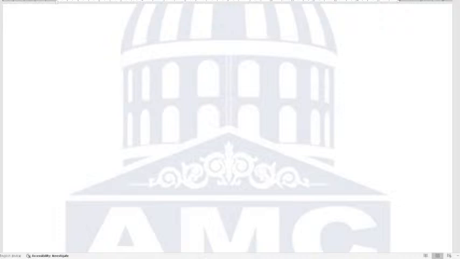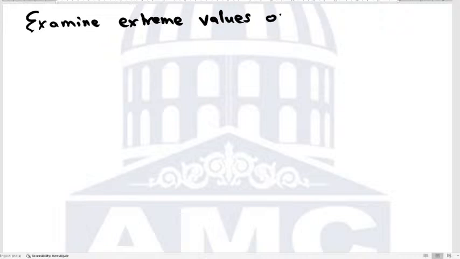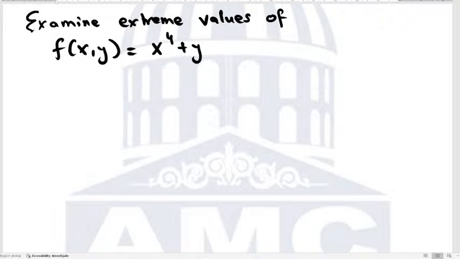Let us examine the maxima and minima, the extreme values of f(x, y) = x^4 + y^4 - 2x^2 + 4xy - 2y^2.